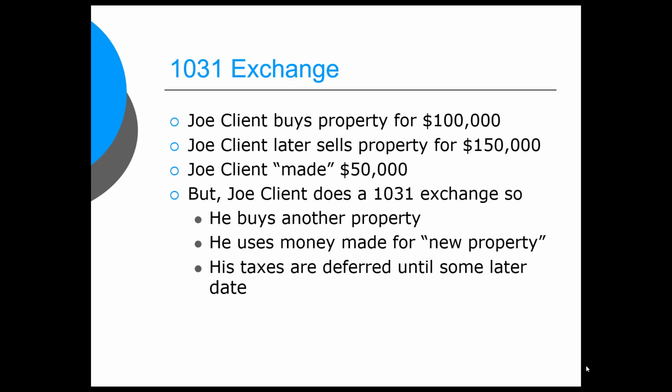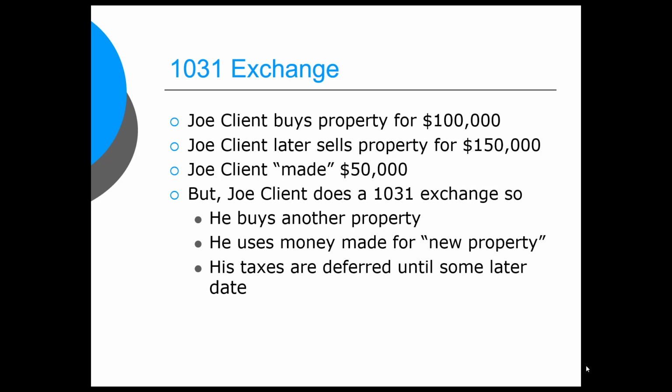Now, if instead of doing a normal real estate transaction like we just described, he instead decided to do a 1031 exchange, he still had the property that he bought for $100,000, he still sells it for $150,000, and he still had a capital gain of $50,000 on the transaction. But instead of just paying the capital gains tax, he decides to do a 1031 exchange.